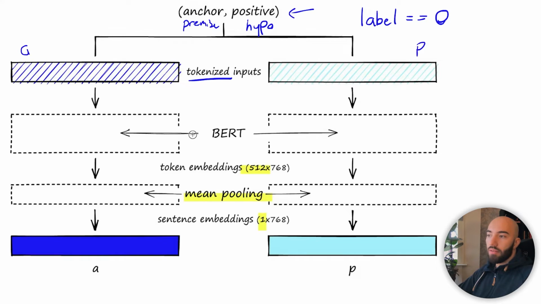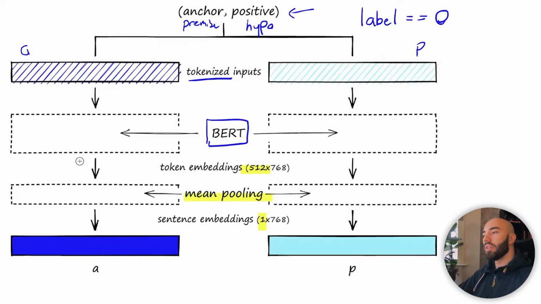And then what happens next is we have a single BERT model, but we actually kind of visualize it as two BERT models because we're processing the anchor, and then after we've processed the anchor data, we move on to processing the positive data. So for every single training step, we're using the same BERT model twice.